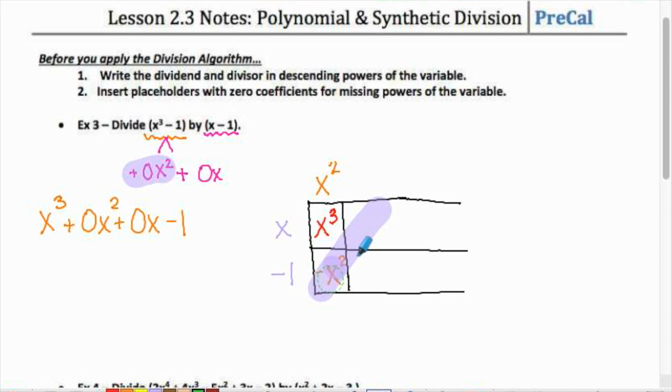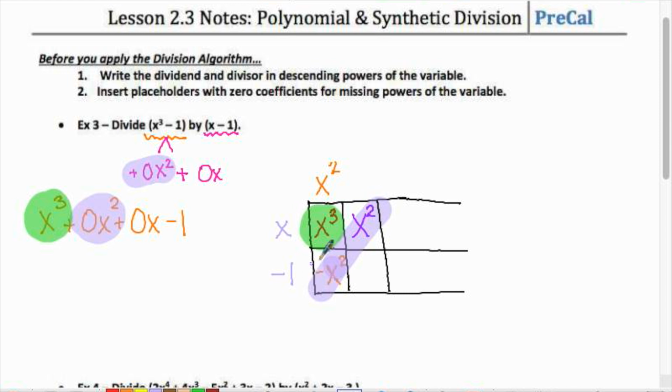All right, so this right here needs to be the second term of my dividend. This right here is the first term of my dividend. So this is another one of those situations where color coding actually could really help you when you go back and look at your notes a little bit later. All right, so with that being the case, negative x squared plus what would give me 0x squared? Well, that would be x squared.